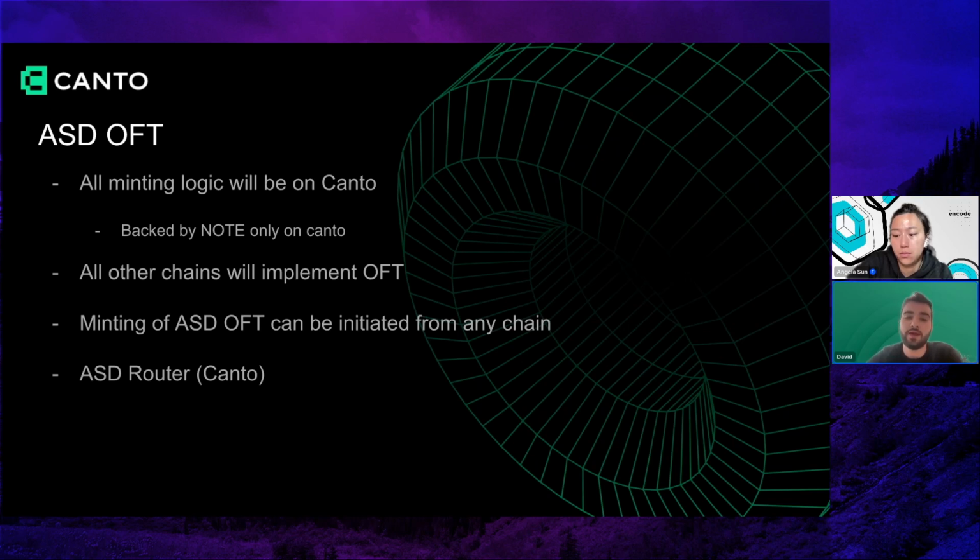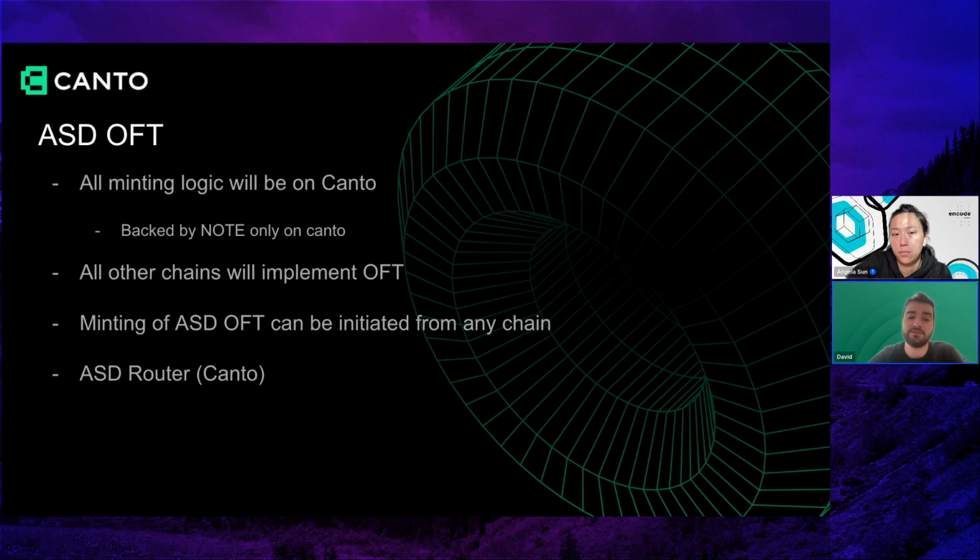All ASD will still be backed by Note because all the minting will be happening on Canto. So all other versions of this token would live on the other chains just as an OFT. So then users can use those as regular ERC20 tokens, as well as send those to other chains.